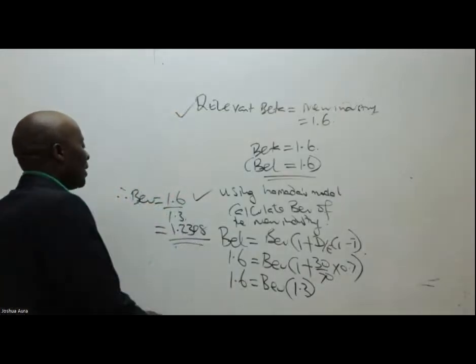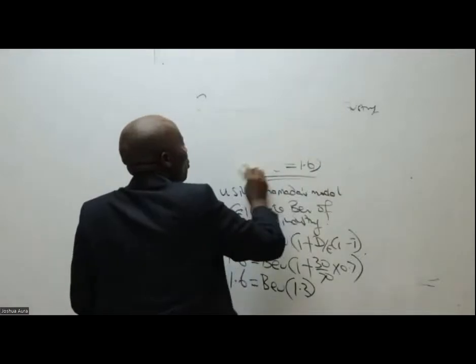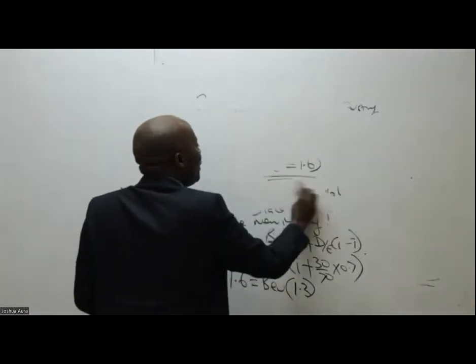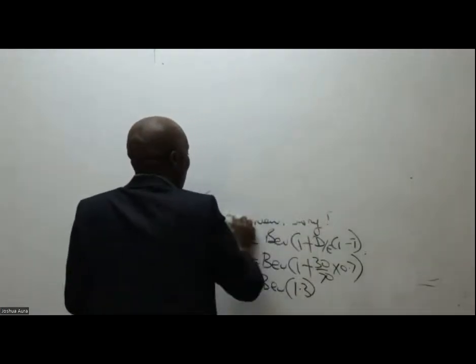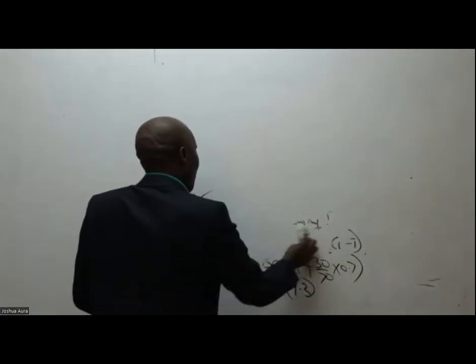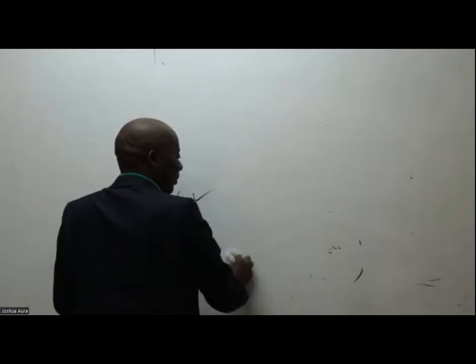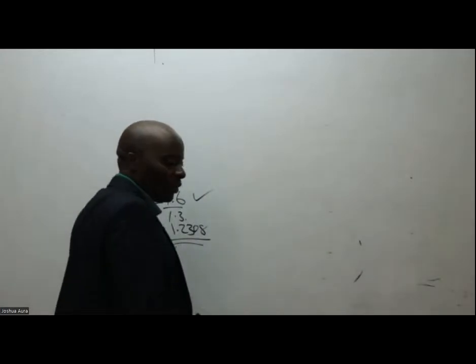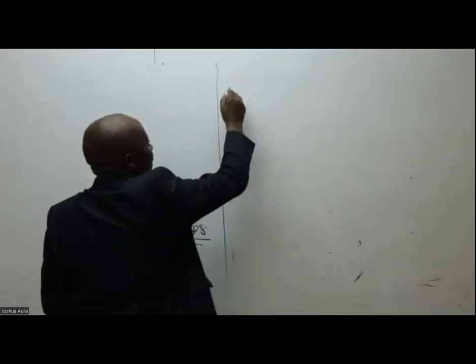So after getting this BEU, now I can apply this BEU of the relevant new industry to the various scenarios given. Now this becomes very easy for me. So I go to the various scenarios given. What I'm doing now is the localization.